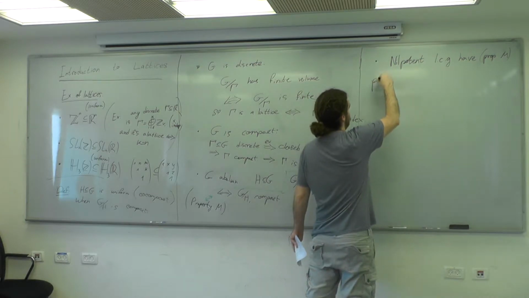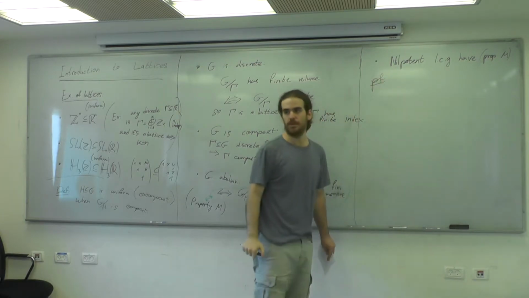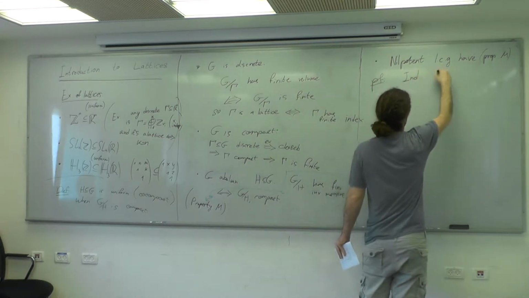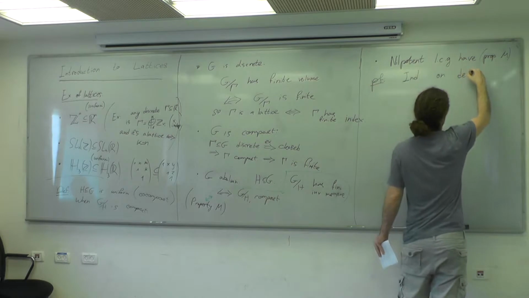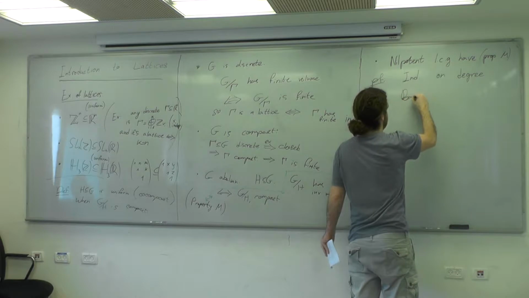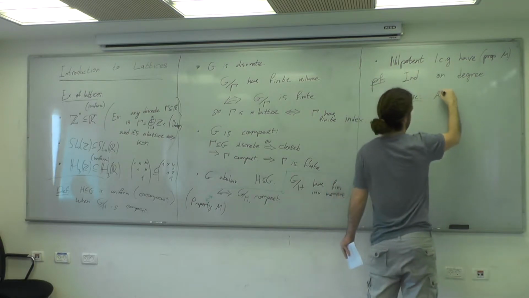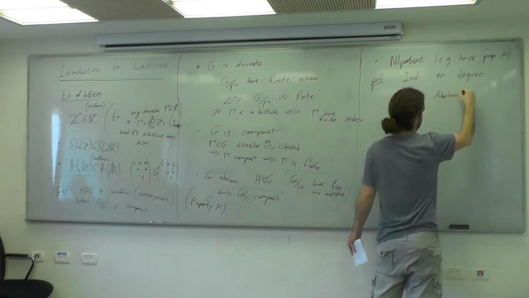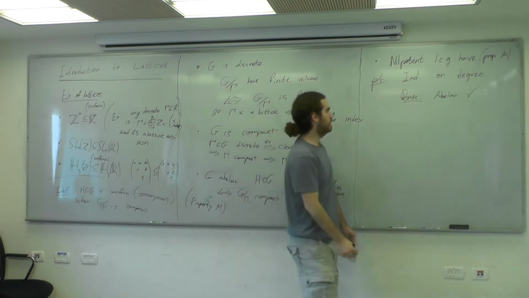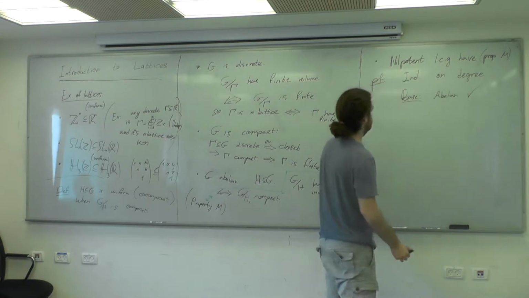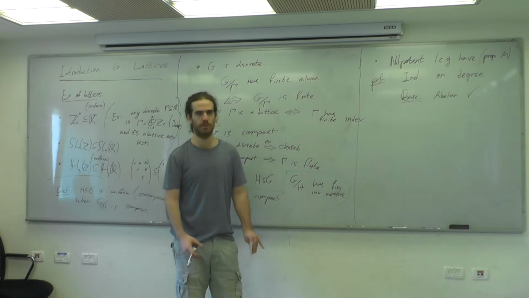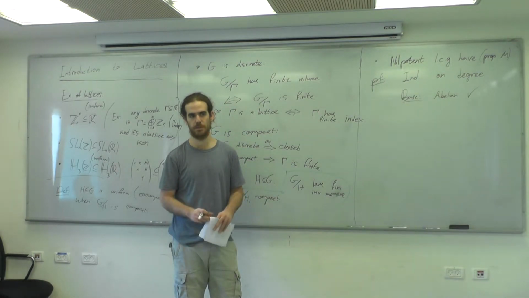And the proof will be simply induction on the degree of nilpotence. So the base is simply the abelian case, so we have it under control. And recall that if G has degree r, then G mod its center has degree r minus 1.